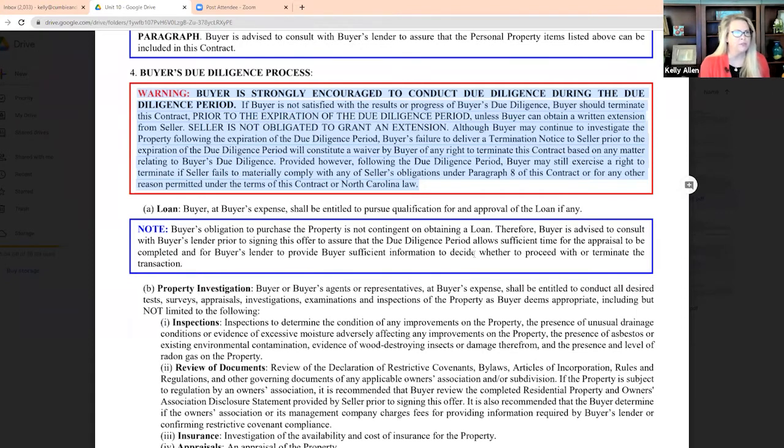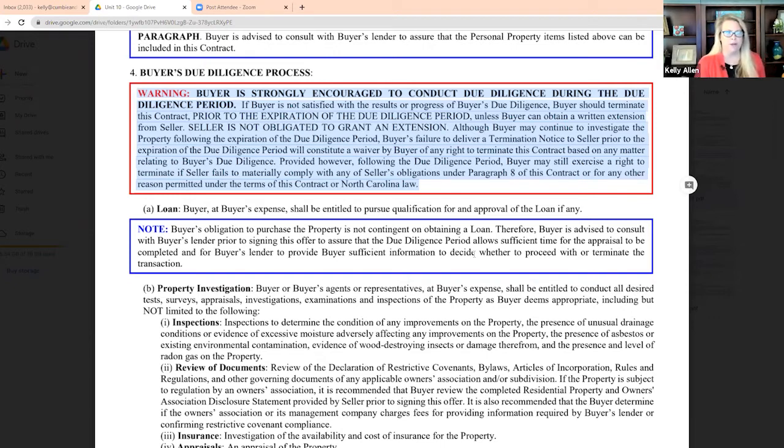Although buyer may continue to investigate the property following the expiration of the due diligence period, buyer's failure to deliver a termination notice to seller prior to the expiration of the due diligence period will constitute a waiver by buyer of any right to terminate this contract based on any matter relating to buyer's due diligence.